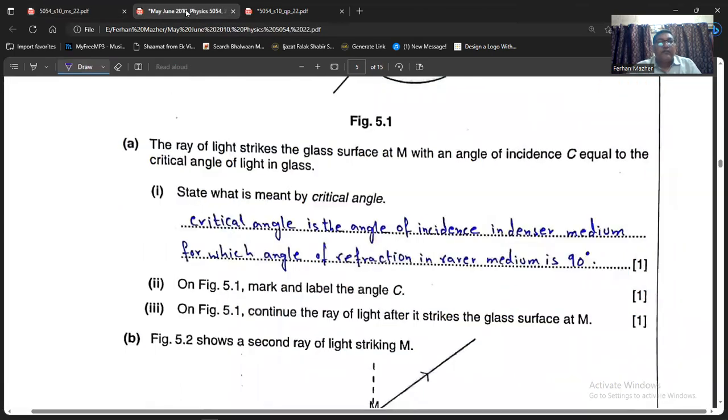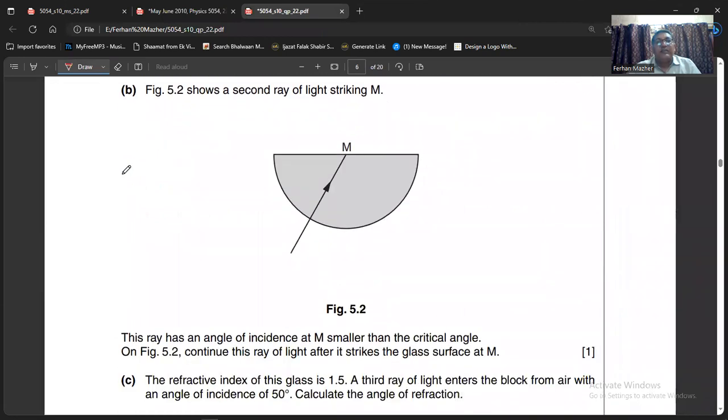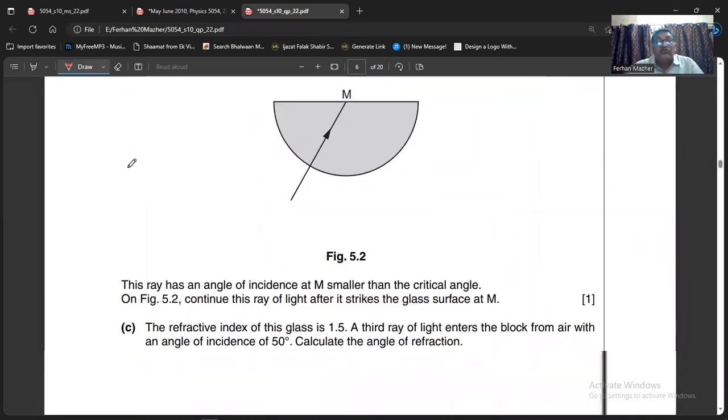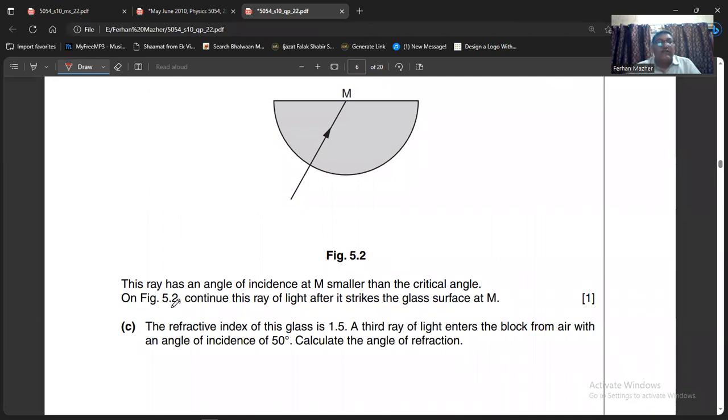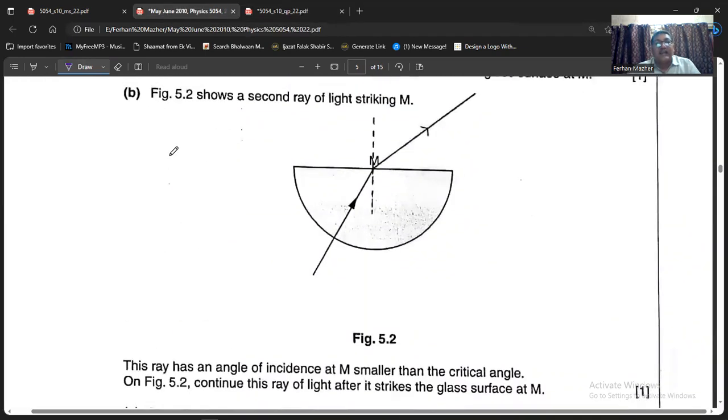Here we go. Question number 5, it's B part. He says figure 5.2 shows a second ray of light striking M. This ray has an angle of incidence at M smaller than the critical angle. On the figure 5.2, continue this ray of light after it strikes the glass surface at M. Because the angle of incidence is now less than the critical angle, the refraction of the light will take place.